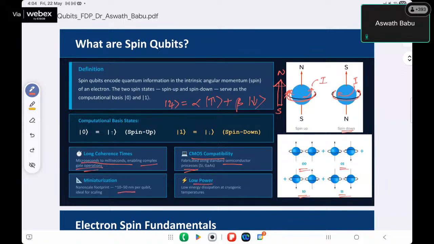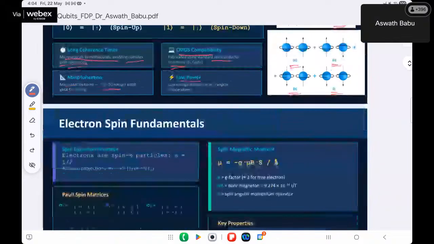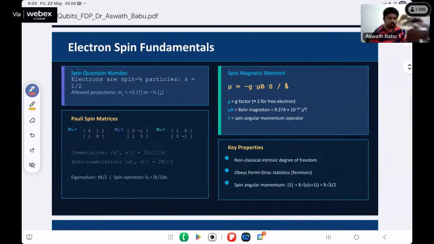Scaling up spin qubits and quantum error correction is for tomorrow. Interacting qubits and photons is for the second half of tomorrow. Okay, let's come back. Just a minute. We'll continue.